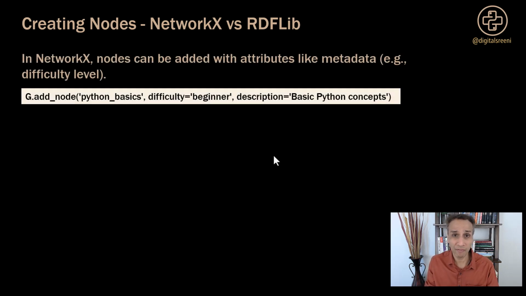Once you define your graph, you just do add_node, or add_nodes when you're reading multiple nodes from a dictionary. So let's focus on a single node. add_node, and this node is labeled Python basics, and the attributes are difficulty equals beginner, and the description is basic Python concepts. So these two are the attributes. The name is Python basics.